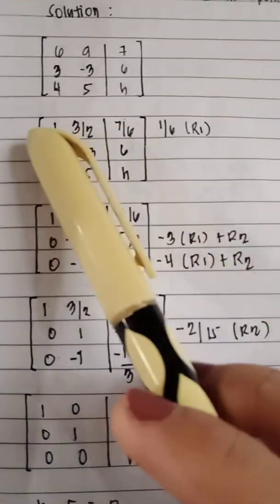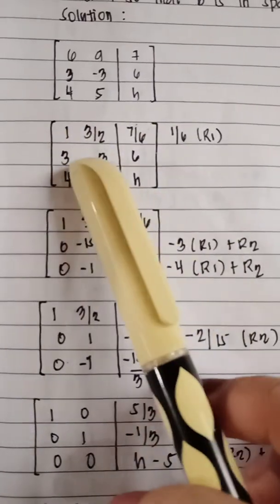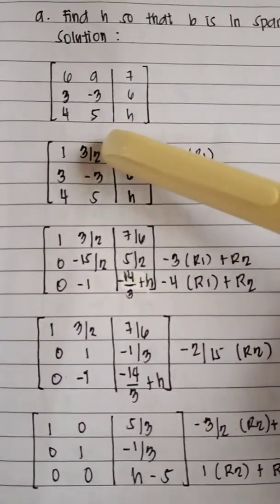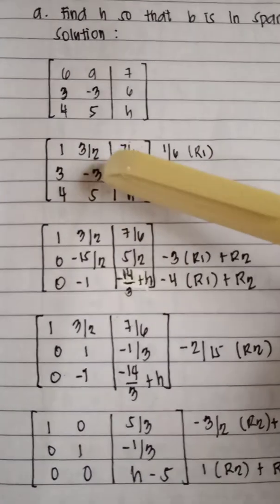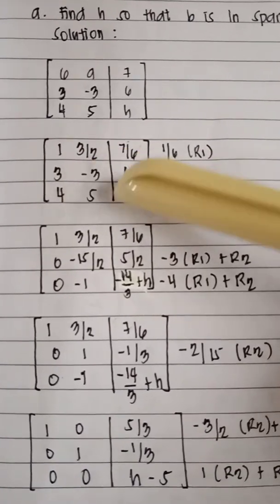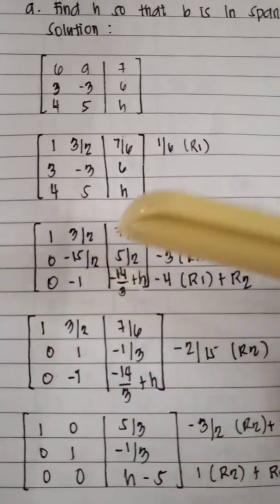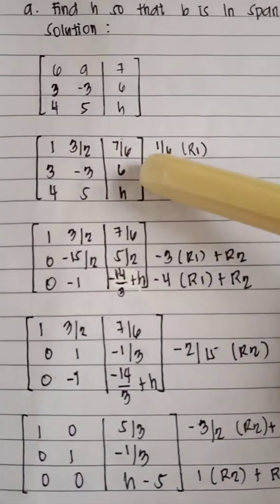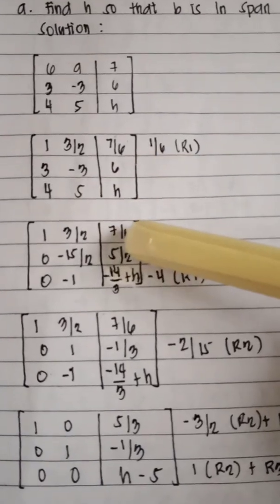Now negative 3 times 1 plus 3 is equal to 0. Negative 3 times 3 over 2 plus negative 3 is equal to negative 15 over 2. Negative 3 times 7 over 6 plus 6 is equal to 5 over 2.